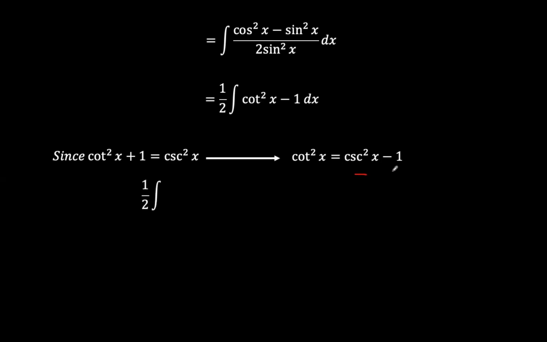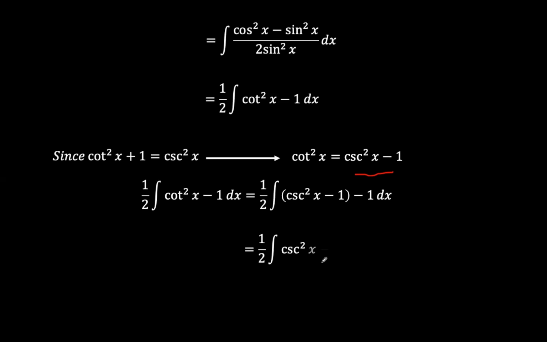So if we plug this into our integral, now we have half the integral of cosec squared x minus 1 minus 1. And so that means that we have half the integral of cosec squared x minus 2, and multiplying half across, we have the integral of a half cosec squared x minus 1.